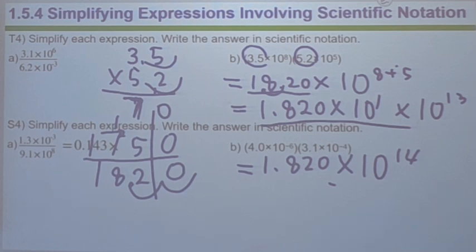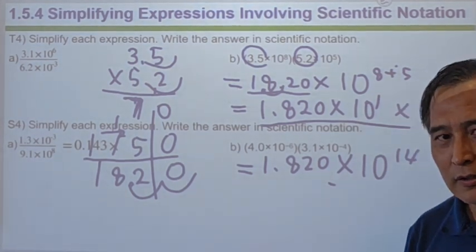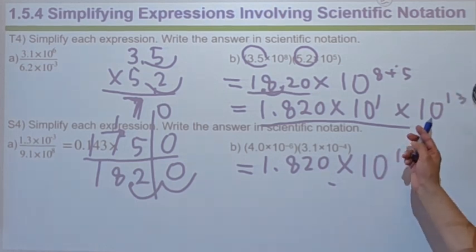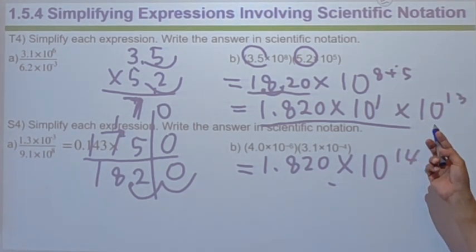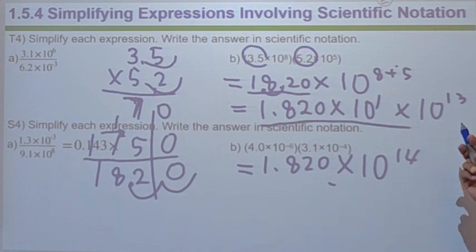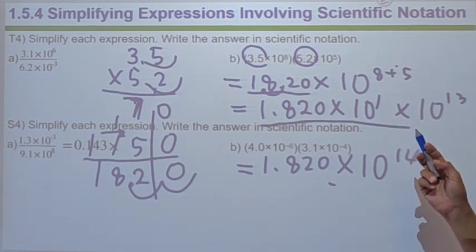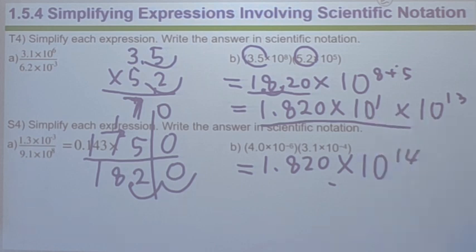Why can't we leave it as 18.20 times 10 to the 13?